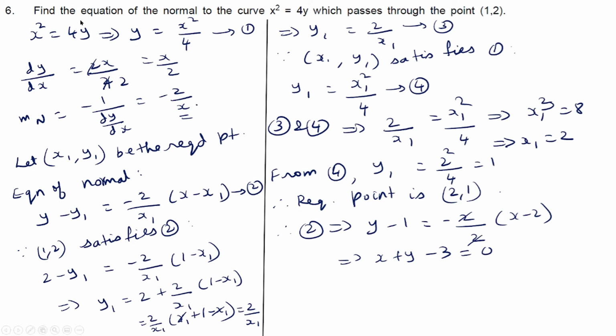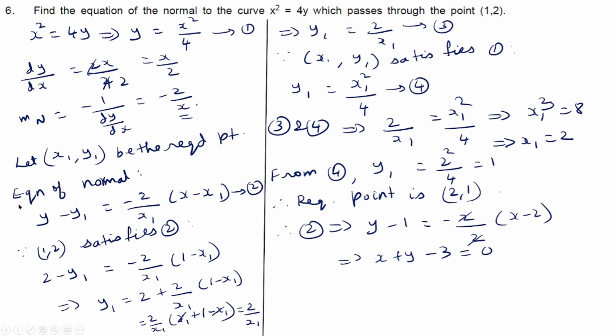So first, it is given, we need to find the equation of the normal to this curve which passes through this point 1, 2. So we took this curve, found the slope of the normal. We took, let x1, y1 be the required point, that is the indicated point to find the normal to this curve.